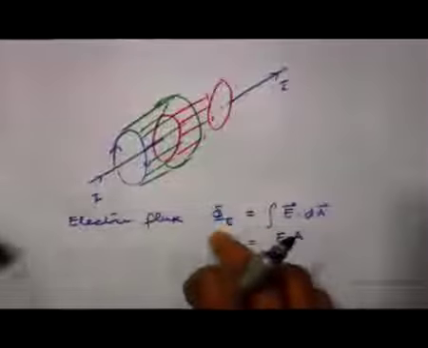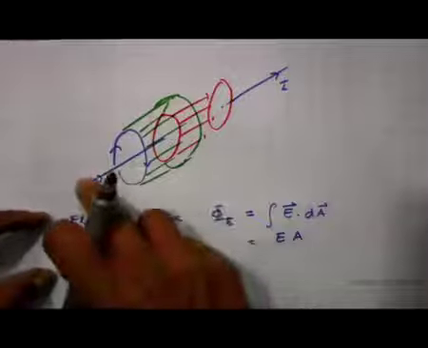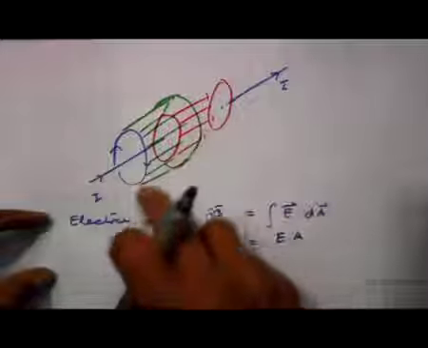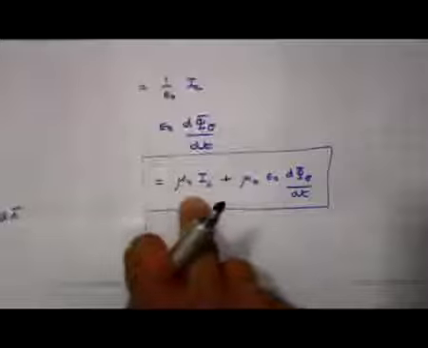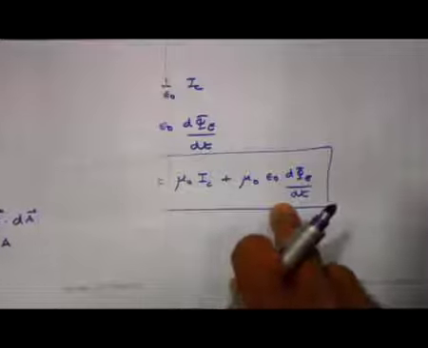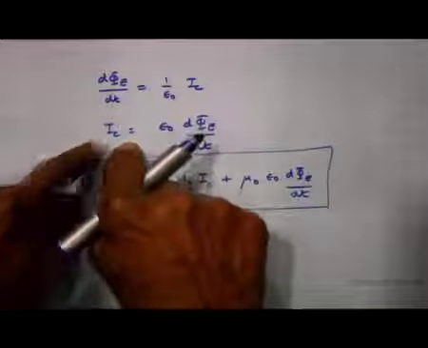If I choose a surface which is like this, which does not cut the current, but it encloses the space between the two capacitor plates, then the first term in this equation is 0 and I am left only with the second term, and the second term, as you can see from here, epsilon 0 d phi E by dt is exactly equal to the conduction current that is passing through the wire.